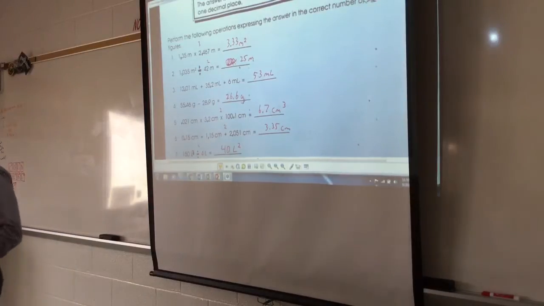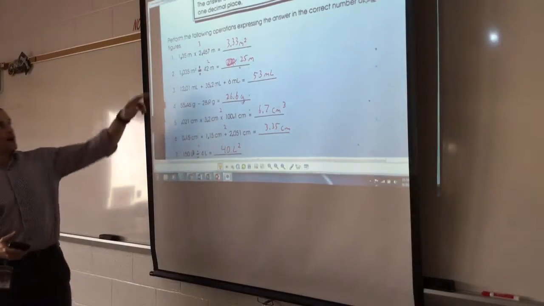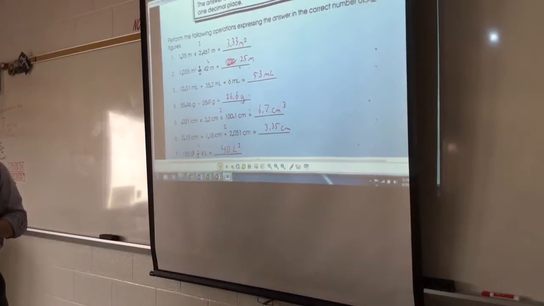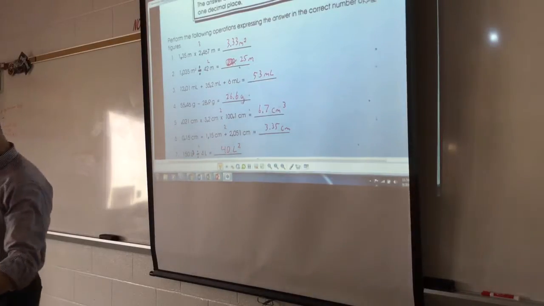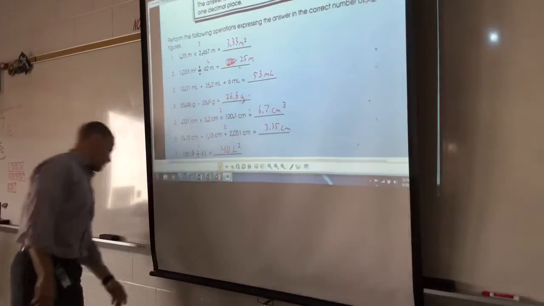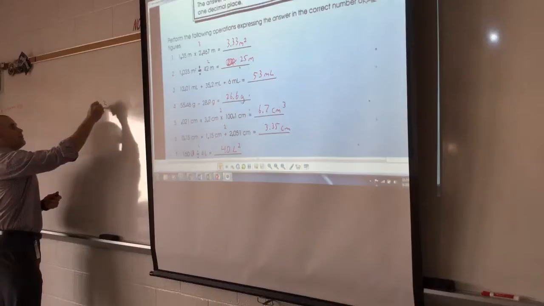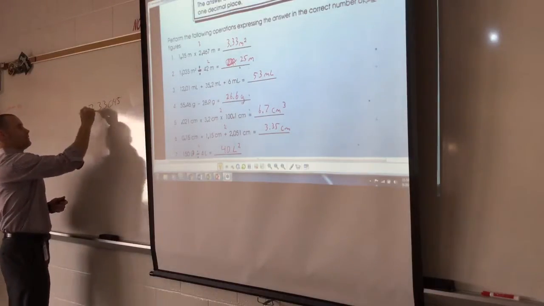So I'll go through a couple of these slowly. If I multiply these two numbers together, so if I take 1.35 times 2.467, I get 3.33045, right?